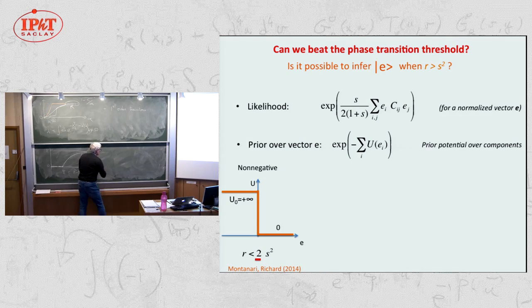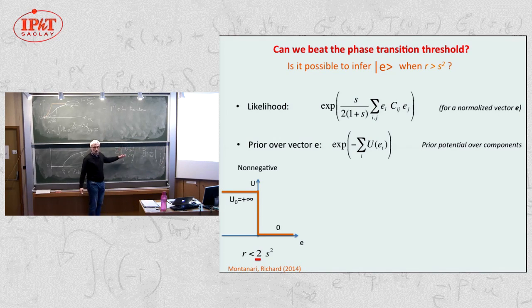So there is a true direction E, with components E1, E2, and so on, and I know that they're all positive. A guess for a vector which has a positive, or at least non-zero, dot product with E would be, for instance, 1 over square root of n times 1, 1, 1.